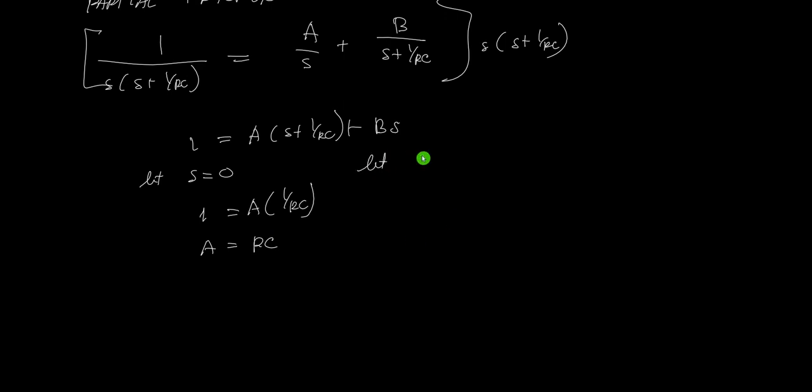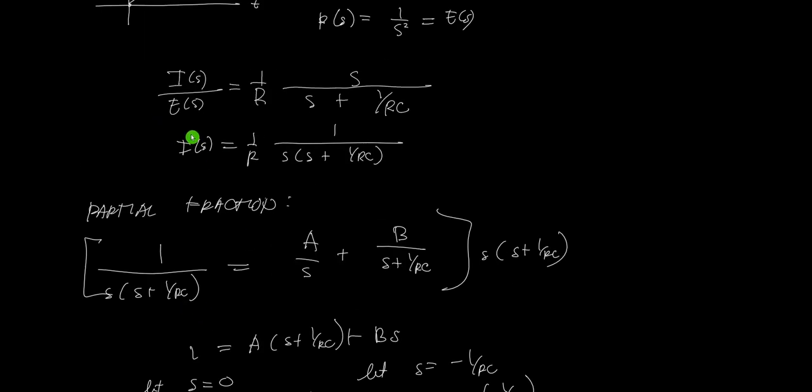And next, let s be equal to negative 1 over RC. If it's negative 1 over RC, this will become 0. So 1 equals 0 plus B times negative 1 over RC. And B now will be negative RC. And we can now substitute it here. So we can write that again.